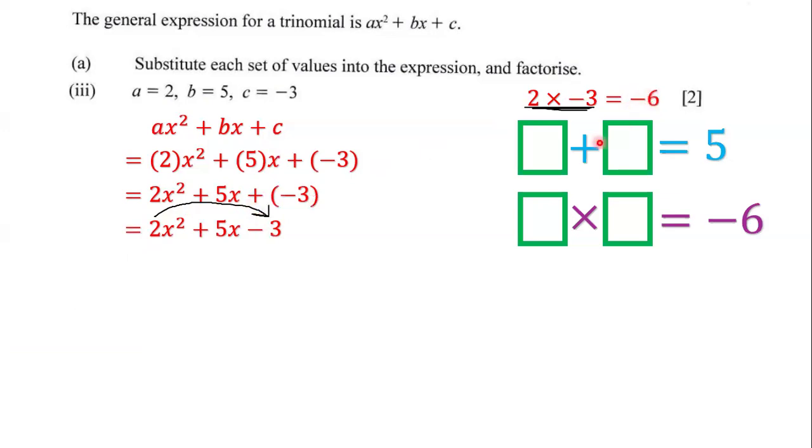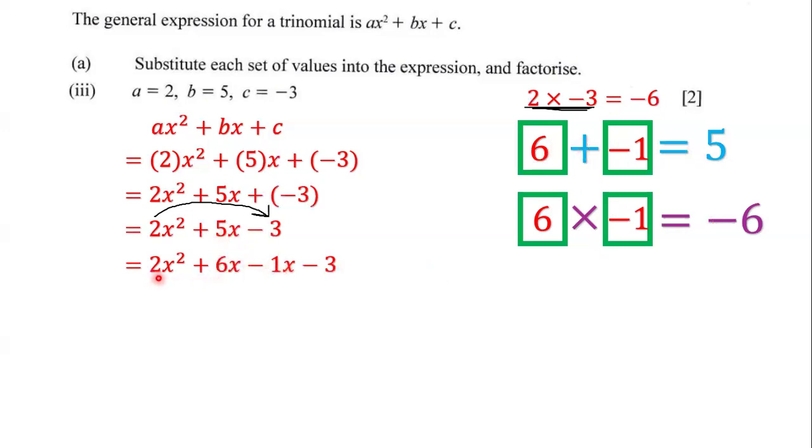So we find two numbers that when we add them, we get 5 because of this 5, and when you multiply them, you get -6 because 2 multiplied by -3 is -6. Two numbers that we can use are 6 and -1, because 6 plus -1 is 5, and 6 times -1 is -6. And so we take 5x and we express it as 6x minus 1x.